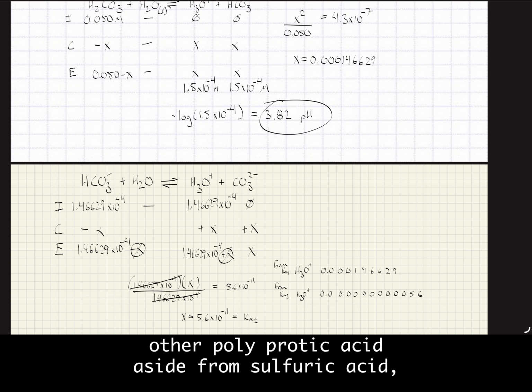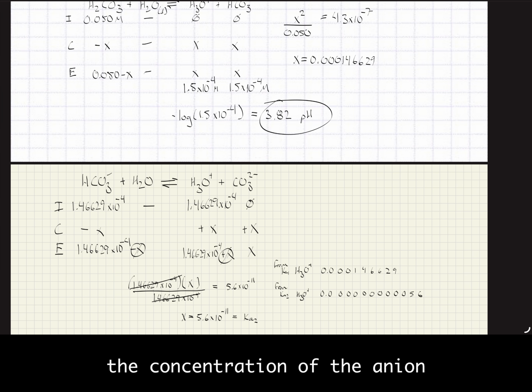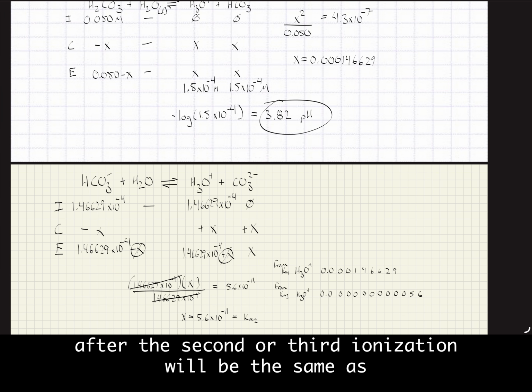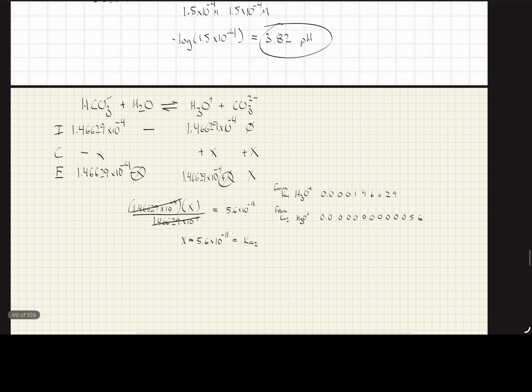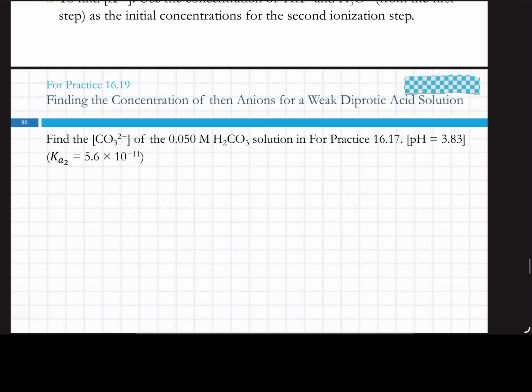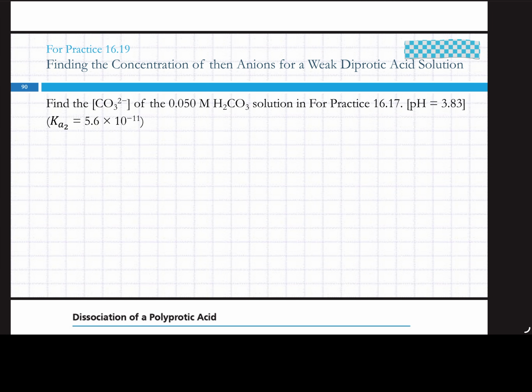And so for every other polyprotic acid, aside from sulfuric acid, the concentration of the anion after the second or third ionization will be the same as the K value, because everything else cancels. So we already did this.